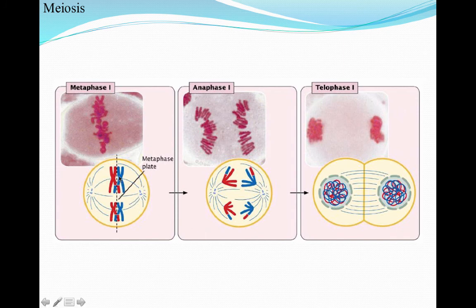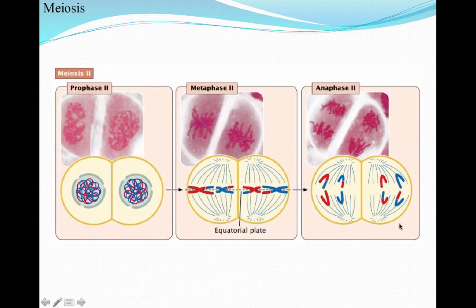In metaphase 1, those chromosome pairs are going to line up along the metaphase plate, and the pairs of chromosomes are going to separate towards opposite poles in anaphase 1, and we get splitting of the 2 cells in telophase 1. At that point, that DNA that is contained inside the new nuclear envelope is going to relax, and that relaxed cell is then going to proceed into meiosis 2, where in prophase 2, we're going to see those cells recondense.